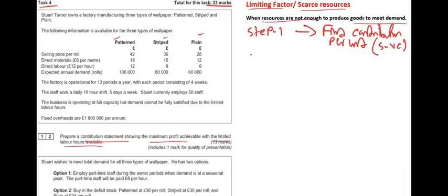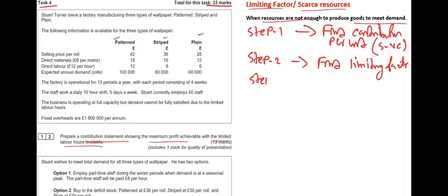Step number 2. You find the limiting factor itself. We'll look for whether machine or labor or material is causing our demand not to be fulfilled.